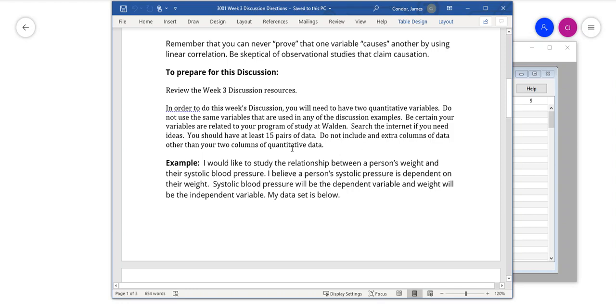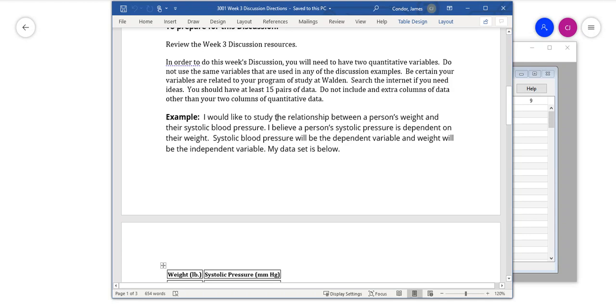It doesn't help the discussion, and the discussion is supposed to be something that you and your classmates talk about in a very basic way, and get some ideas, and help each other learn about what these topics are. In this case, linear regression.